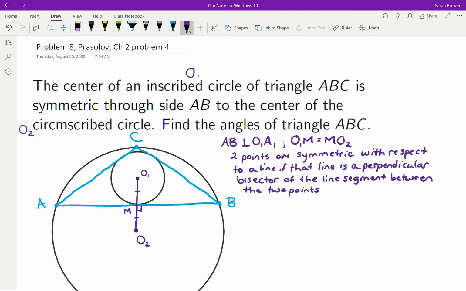So that's a definition for what it means for 2 points to be symmetric with respect to a line.